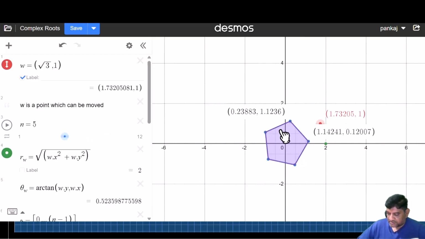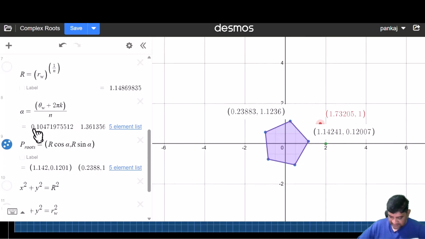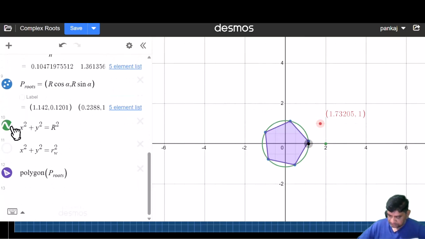The next root is got by multiplying this complex number by pi by 6 by 5, because I'm looking for 5 roots, so it's going to be pi by 30. So the moment I multiply, I get that, and then again I multiply, and then I get this, and then I multiply. So you can also see that this forms a circle. All the roots are going to be on the circle itself.